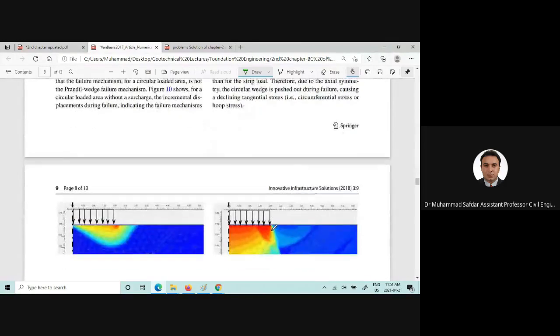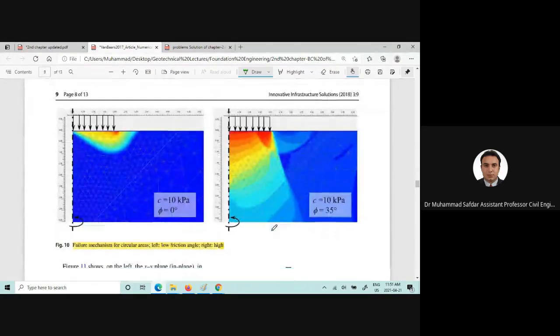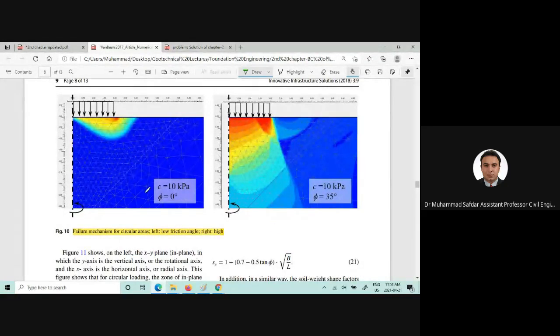The comparison is made here as well with different kinds of soils. For example, if the cohesion is 10 kilopascal, or if the friction angle is 0, or if the friction angle is 35, how would the failure mechanism beneath the foundation change?